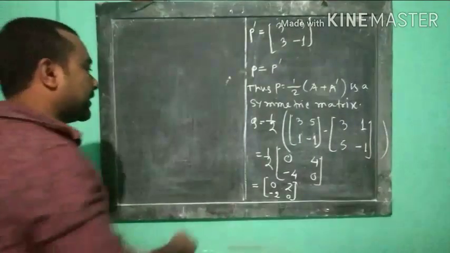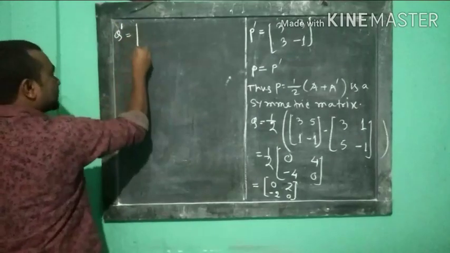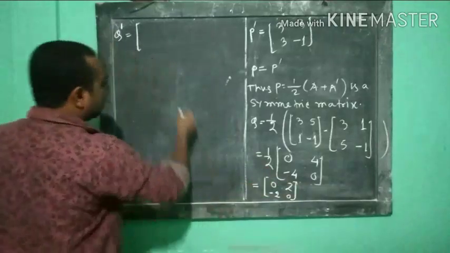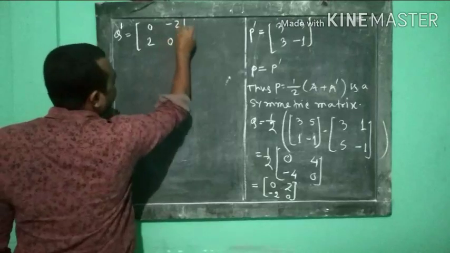So what do we get? Q equals this, and for Q transpose, how do we find it? By interchanging the rows and columns: 0, 2 and minus 2, 0.